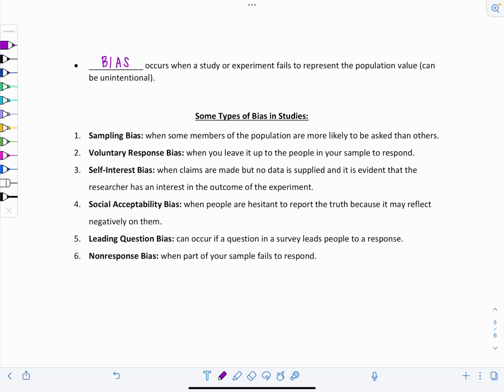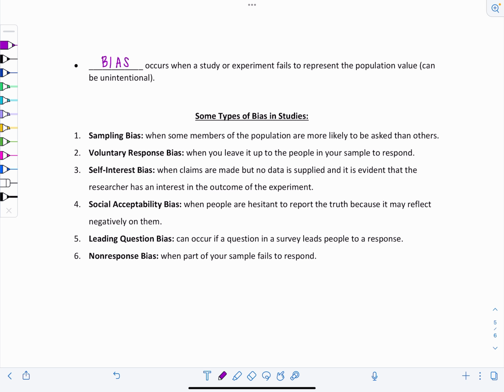The second kind is voluntary response bias, when you leave it up to the people in your sample to respond. A lot of this comes up when you look at Yelp reviews or people who are given the option to respond or not respond.